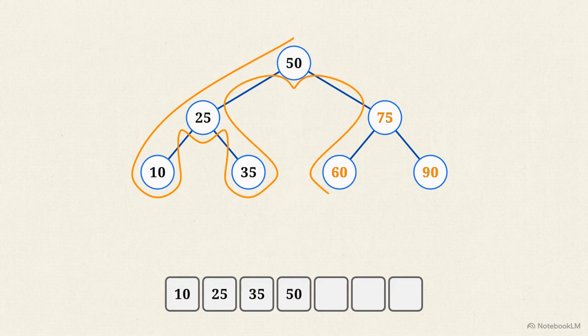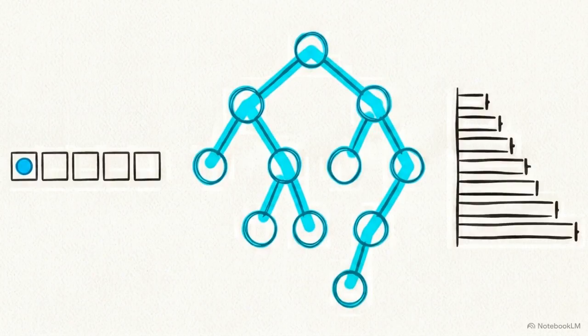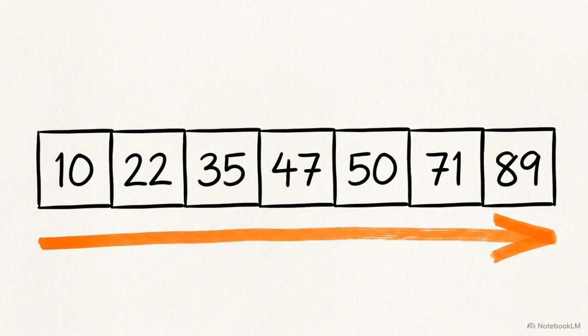By recording each node exactly when the traversal passes directly underneath it, the algorithm perfectly extracts the data following that left-root-right pattern. Because the placement of the nodes was originally bound by the binary search tree invariant, this specific traversal mechanism mathematically guarantees an array in strictly ascending sorted order.